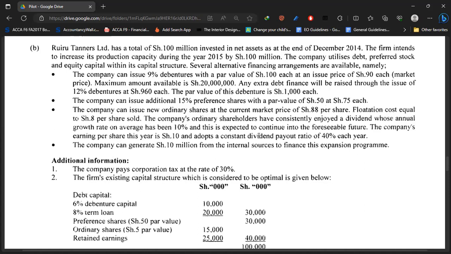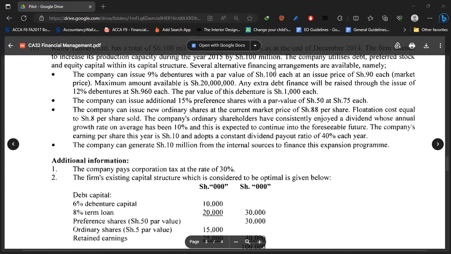The company can generate 10 million shillings from internal sources to finance this expansion program. Additional information: one, the company pays corporation tax at the rate of 5%. The firm's existing capital structure, which is considered to be optimal, is given below.